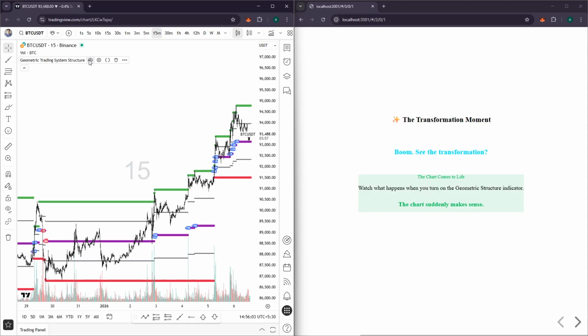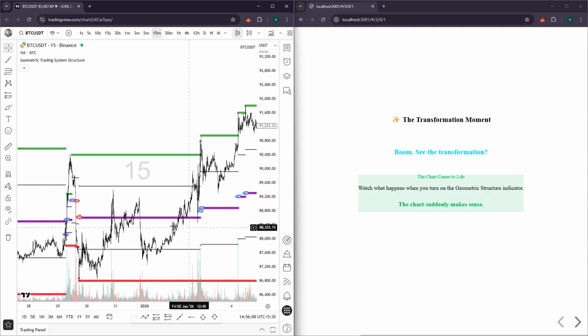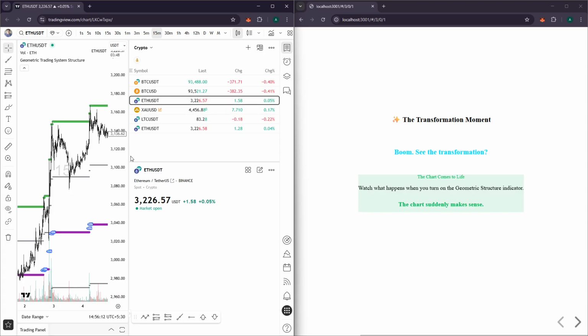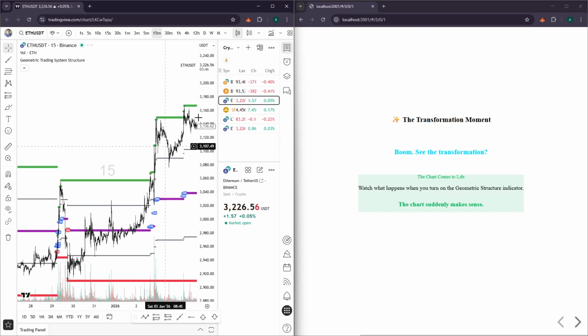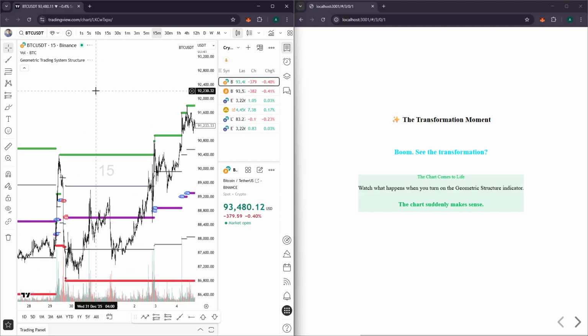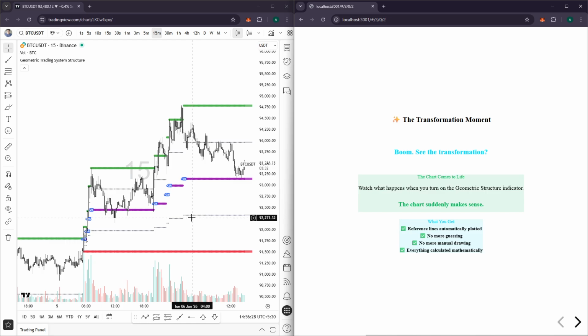But when I enable it again, boom, all these reference lines are mathematically calculated, and we can apply it on any chart, like Ethereum, or gold. What you get out of it is reference lines automatically plotted. No more guessing, no more manual drawing, and everything calculated mathematically.